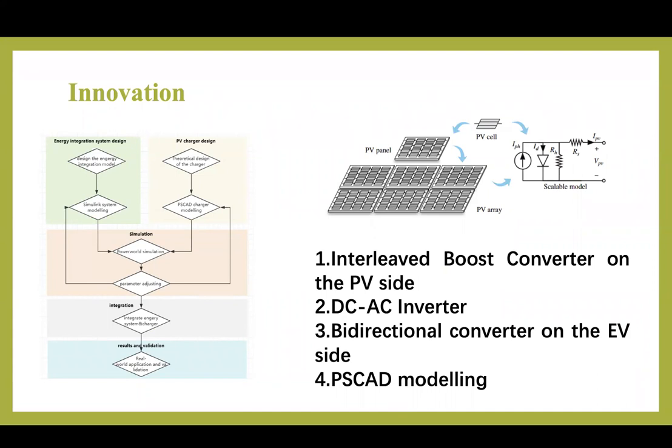So we need to combine the typical light curve and the temperature curve of Sydney over a day with the characteristic curve of the PV cells to get the typical output curve of the PV cells, which can be used to change the output of the current source.